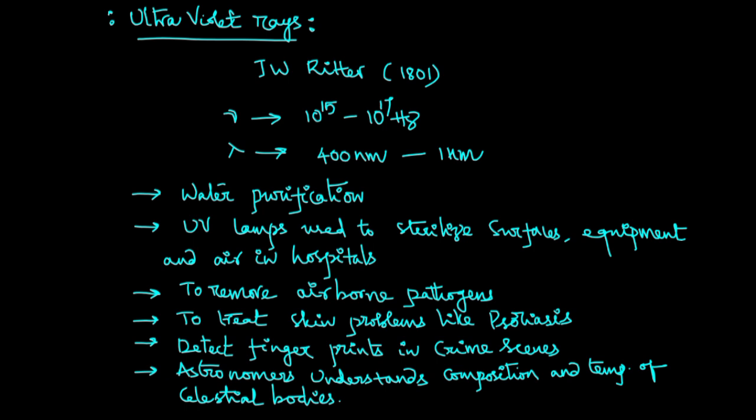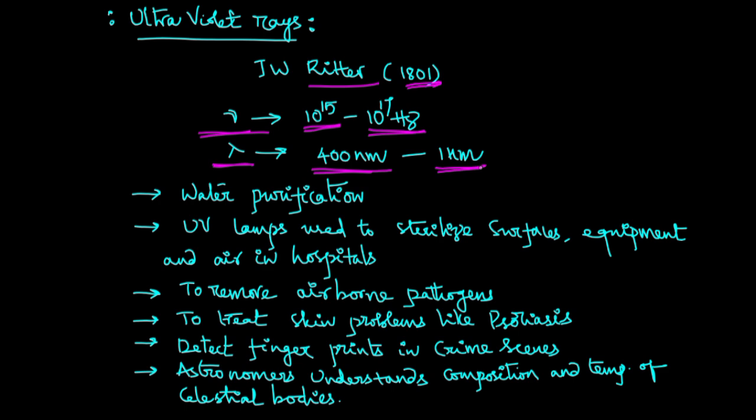Ultraviolet rays were discovered by Ritter in the year 1801, and their frequency range is from 10 power 15 Hz to 10 power 17 Hz, and their wavelength is from 400 nanometers to 1 nanometer.